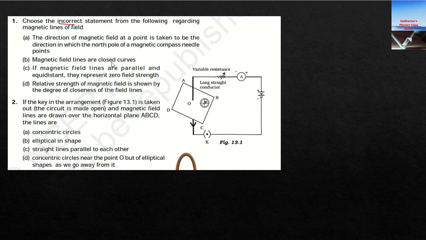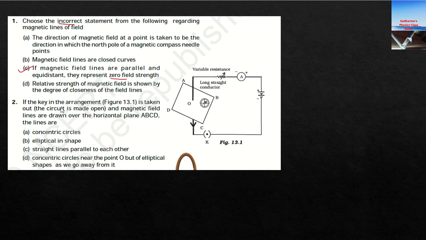Magnetic field lines are closed curves. That is true. If magnetic field lines parallel and equidistant, they represent zero field strength. Relative strength of magnetic field is shown by the degree of closeness of the field lines. If you read all these four options carefully, you can see that option C is incorrect, because they say that it represents zero field strength. If they are parallel and equidistant, that represent uniform field.